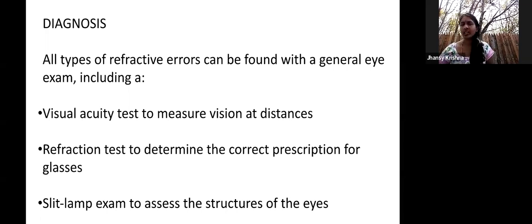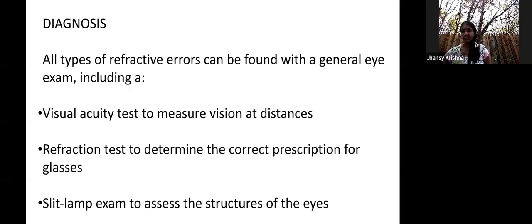Diagnosis. Refractive errors are diagnosed with the help of visual acuity tests. The visual acuity test is done using Snellen's chart. Other tests include autorefractometer and slit lamp examination.